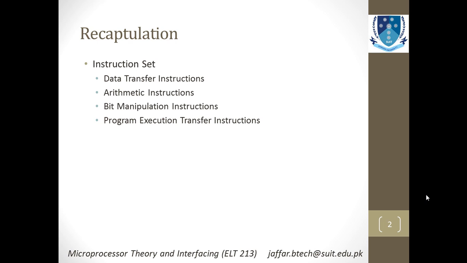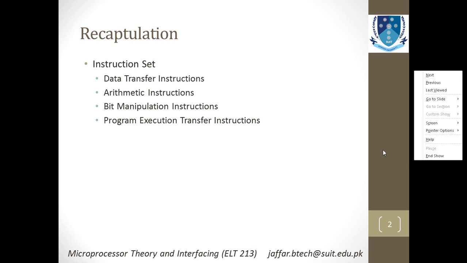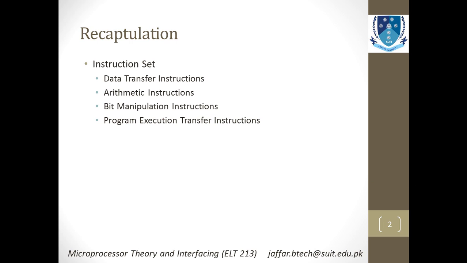The first type was the data transfer instructions: if you want to transfer or move data from one memory location to another, you can use the data transfer instructions in the 8086 microprocessor. Similarly, if you want mathematical, logical or arithmetic operations, you can use the arithmetic instructions of 8086.